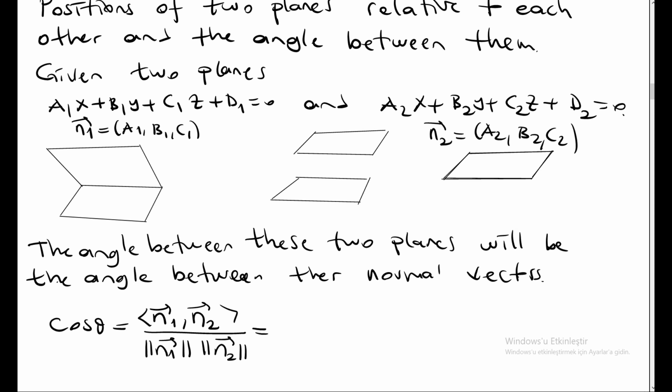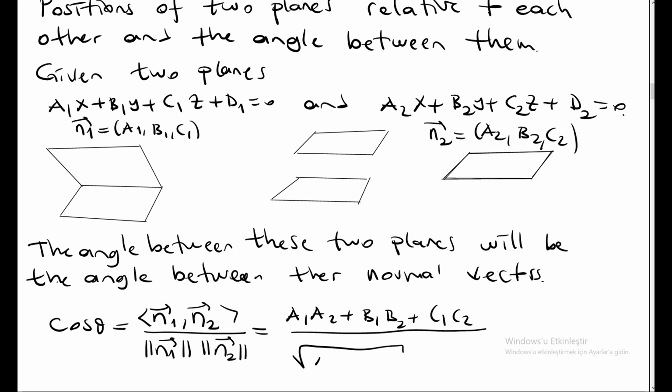So if you multiply, you have a1 times a2 plus b1 times b2 plus c1 times c2 over the square root of a1 squared plus b1 squared plus c1 squared, times the square root of a2 squared plus b2 squared plus c2 squared. So this is the angle.